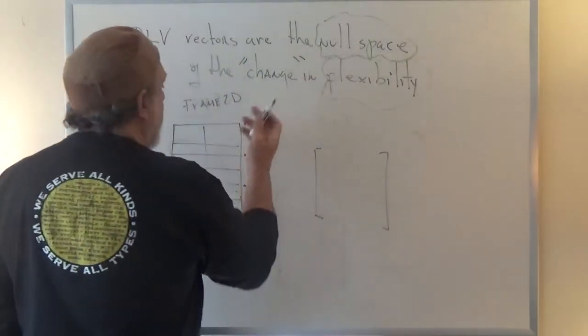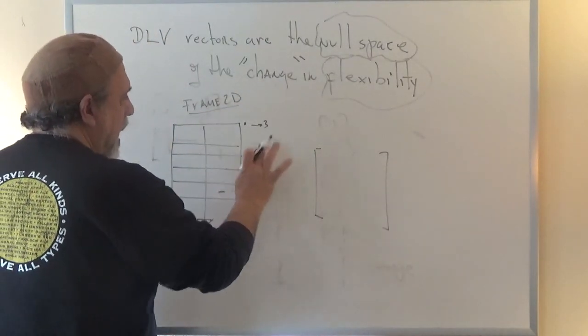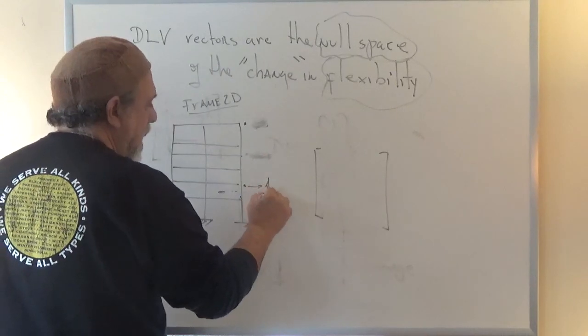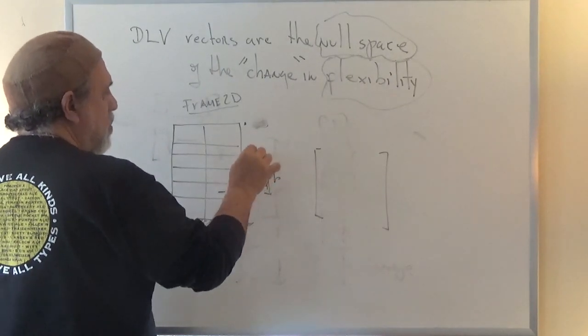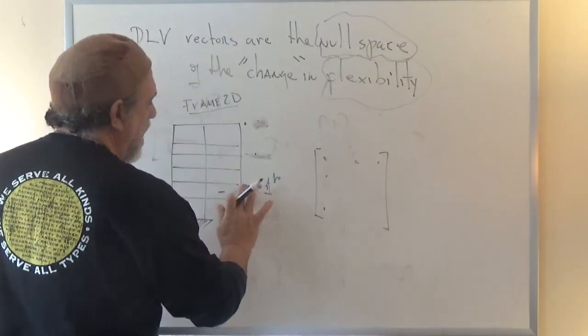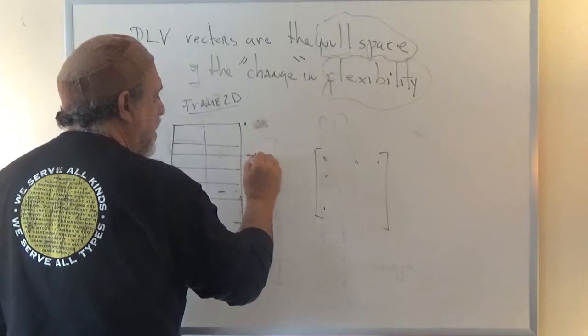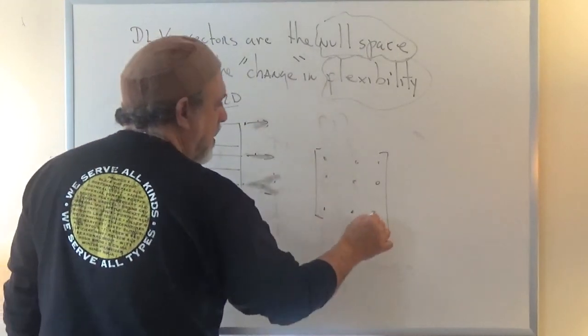So one way to get the flexibility with frame 2D is you go here and you run this case. Apply a 1 kip at this level. And then you see the movement here, the movement here, the movement here, and those are your first 3 numbers. Then run the program again with the load here. You get this, this, and this, and then run the program with the load there and you get this.